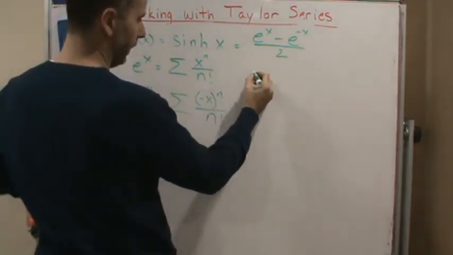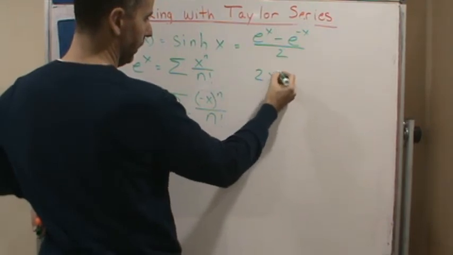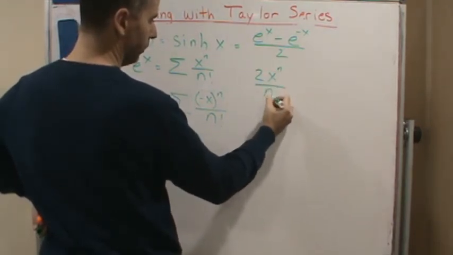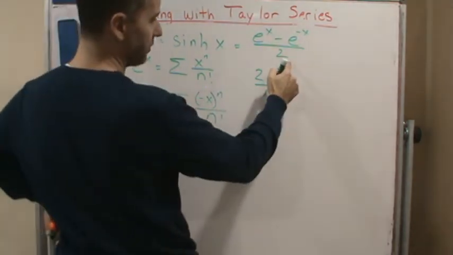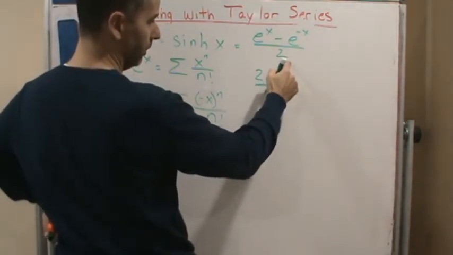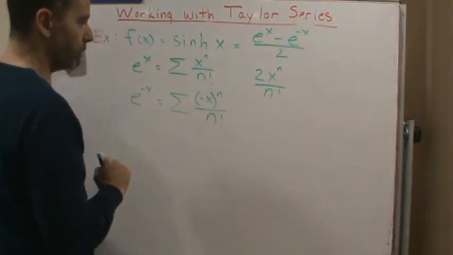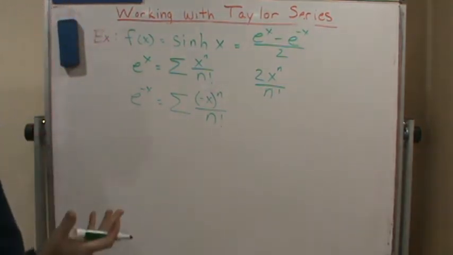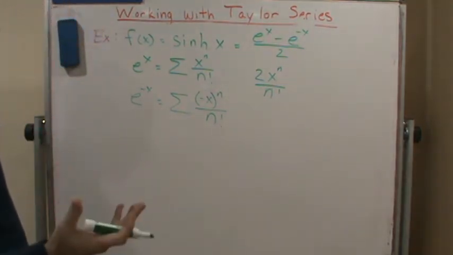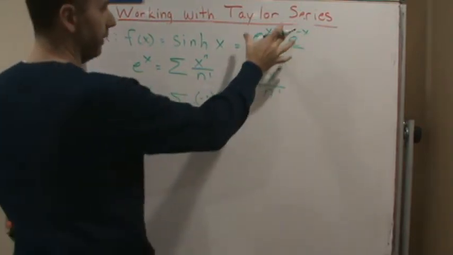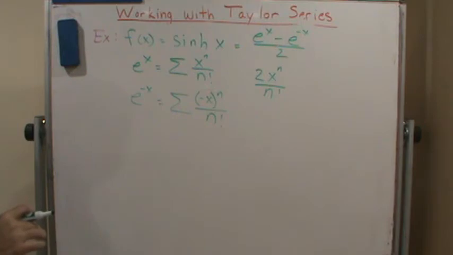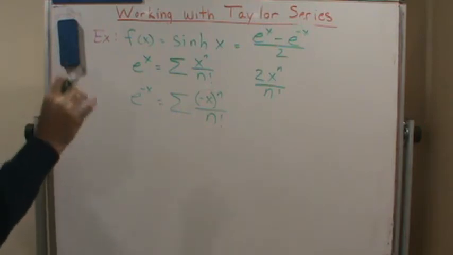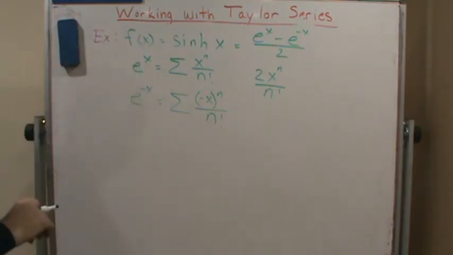So for odd n we end up getting 2 x to the n over n factorial, which then will cancel with the 2 here, right? So in other words, for the even numbered values of n, this is just going to give us a 0 term. Okay, so we're going to have alternating terms that are just zeros.